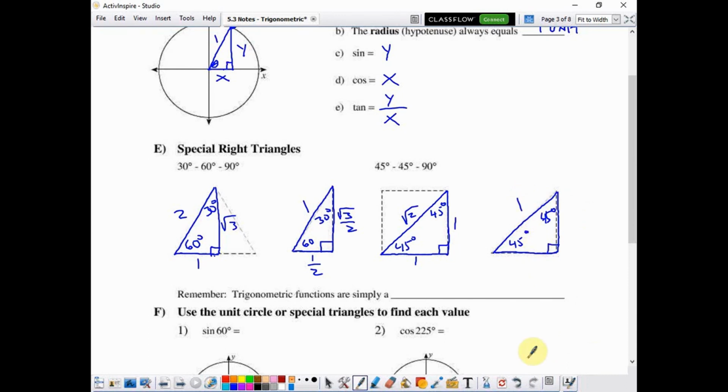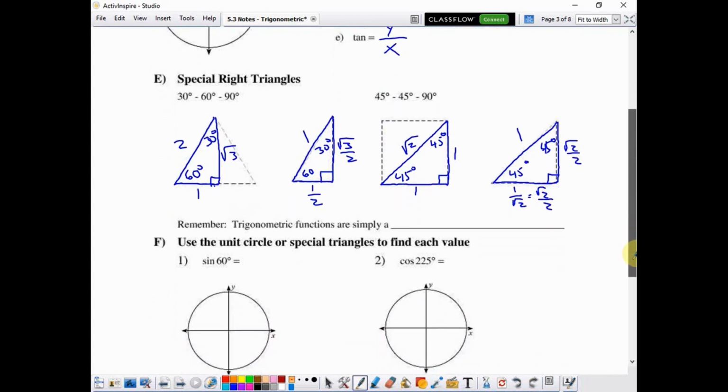Which means this would be 1 over the square root of 2, or root 2 over 2. Okay, so the first one of each is easier to remember. The second one of each actually fits the unit circle.